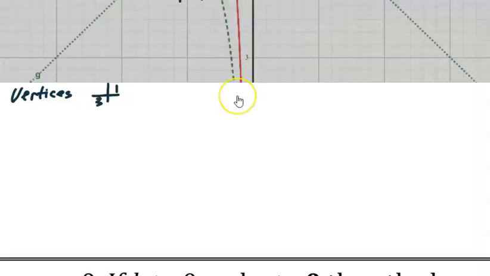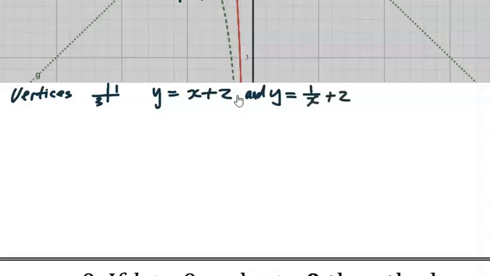Let us calculate the coordinates of the vertices. If I look at the vertices, since k is positive, I have them in the first and the third quadrant. To find the vertices, I must see where y equal to x plus 2 and y equal to 1 over x plus 2 will intercept.